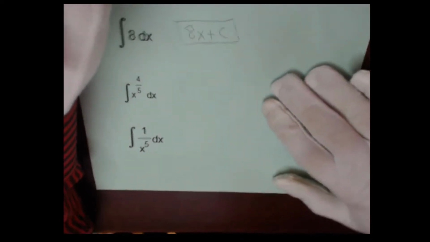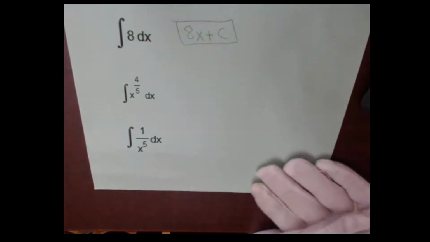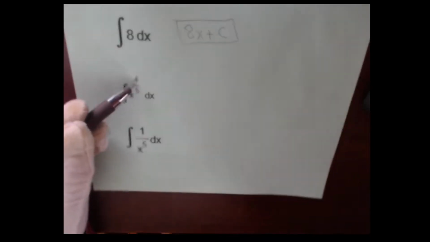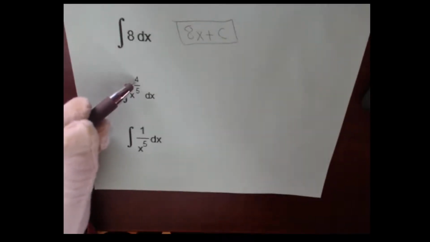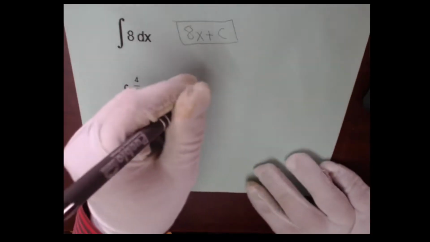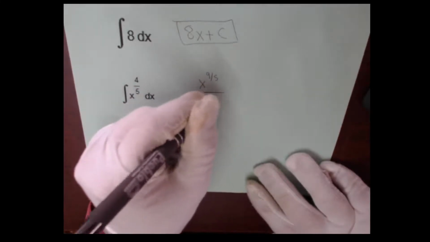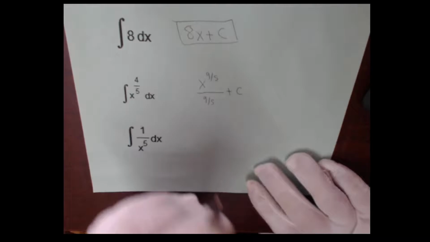How about the next one? x to the 4/5. Just use the power rule again. I'm going to ask myself what is 1 more than 4/5, and the answer is 9/5. So this would be x to the 9/5 divided by 9/5, plus c.